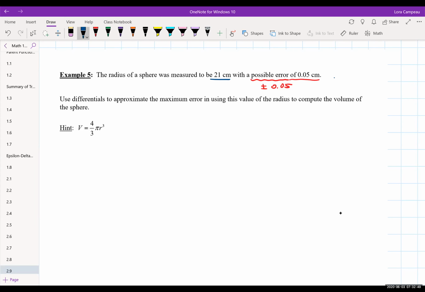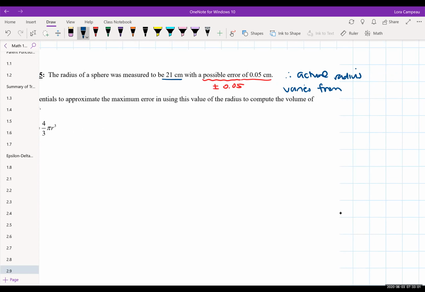So we have the actual radius varies from 20.95 centimeters to 21.05 centimeters.